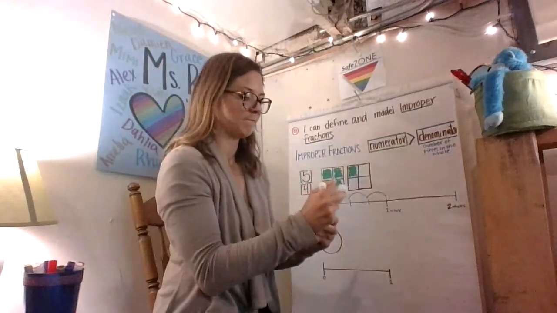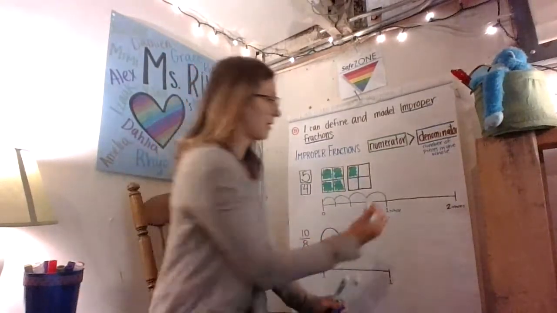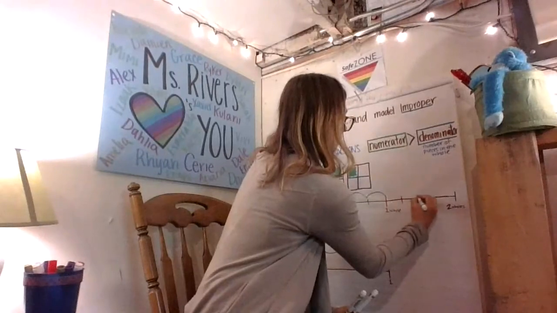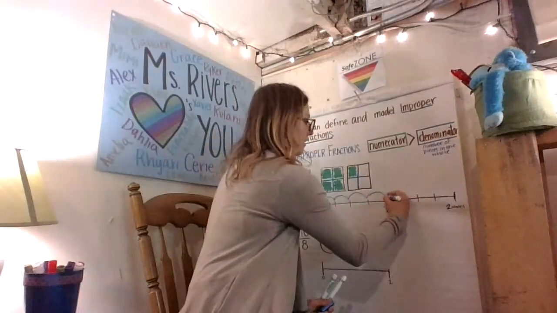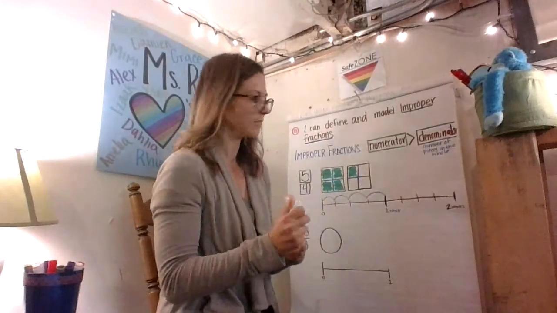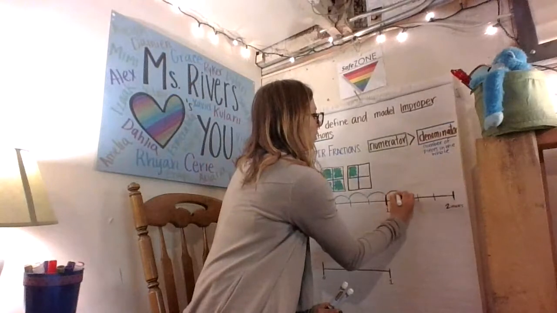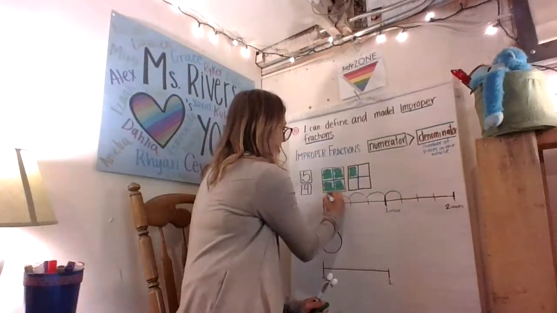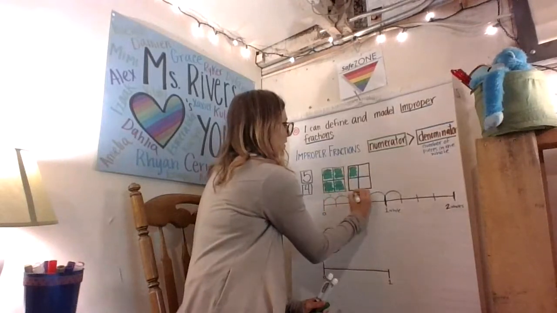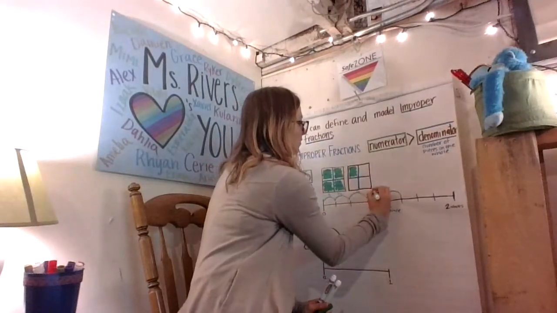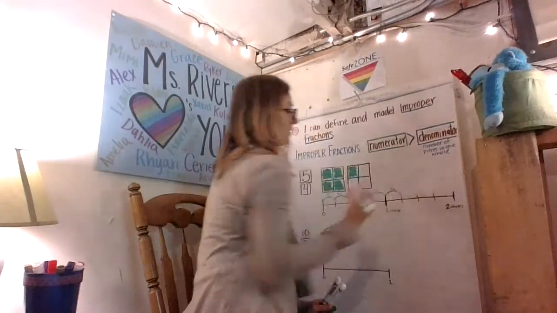Now this whole I also need to break into 4 parts: 1, 2, 3, 4. I count 1 more because I have 1 fourth, 2 fourths, 3 fourths, 4 fourths, 5 fourths.